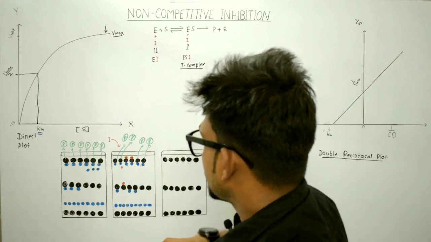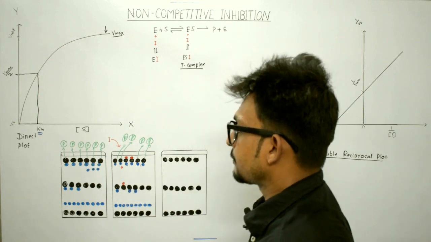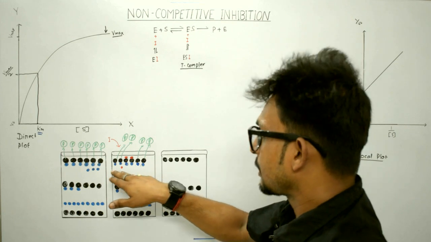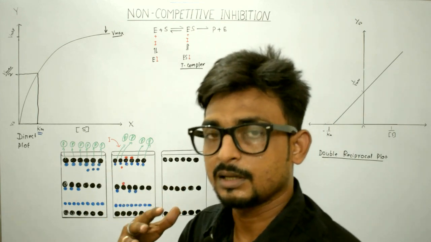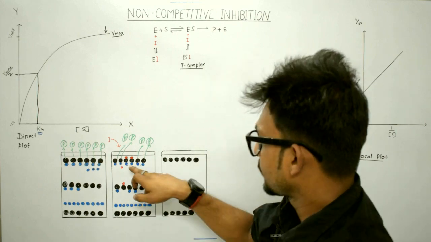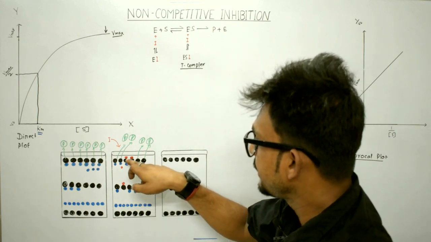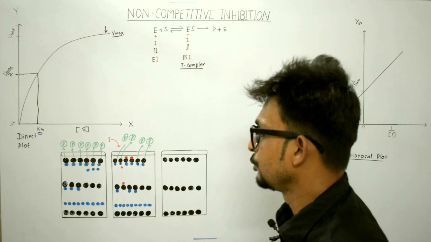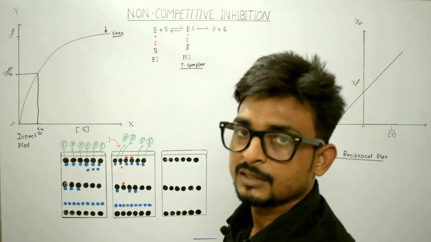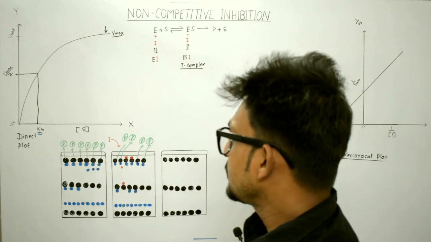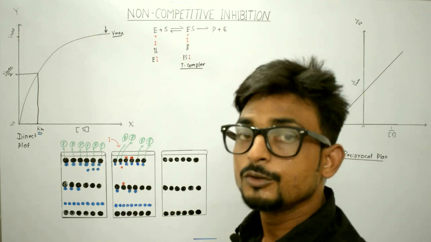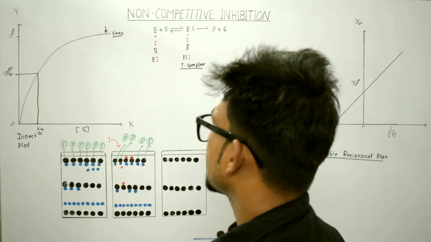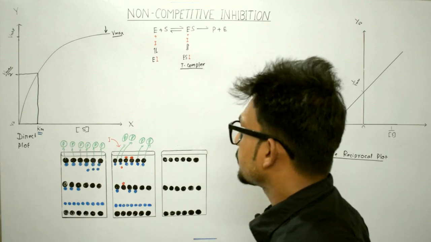Up to this stage we can see that out of 6 enzymes, all are saturated with the substrate, but due to the binding of the inhibitor with these 2 enzyme inhibitor complexes, all the enzyme substrate complexes cannot be transformed into product. It means all the substrate cannot be transformed into the product.